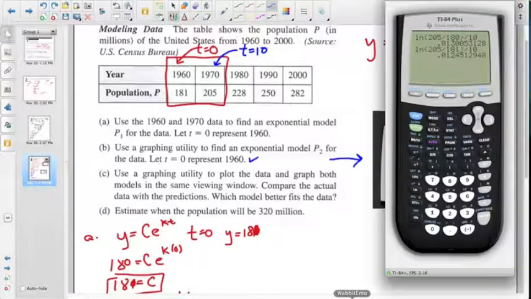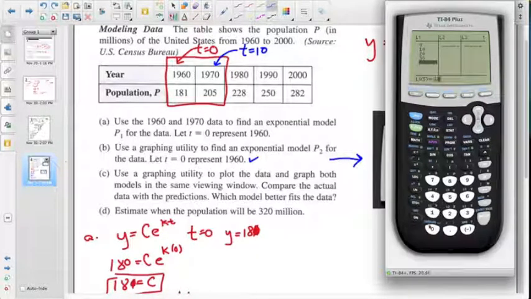What we'd have to do is go into lists and set up some lists. We're going to edit these lists, and I'm going to put in 0, and we count by 10, so this would be 0, 10, 20, 30, and 40.